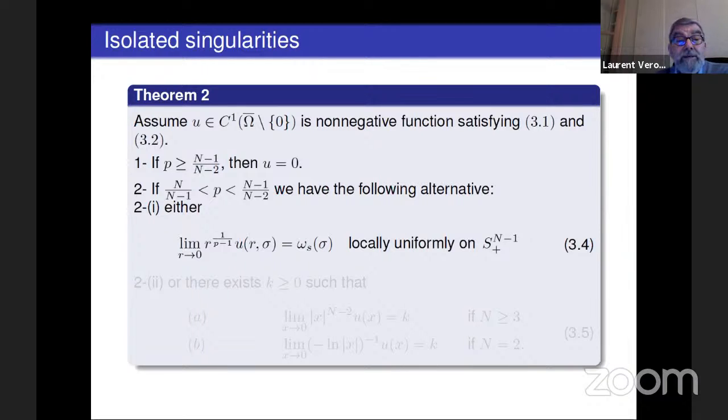We'll see why. Now, if p is between n/(n-1) and (n-1)/(n-2), then we have an alternative. Remember, I assume that u of x is bounded by c times norm of x to the minus 1 over (p-1).